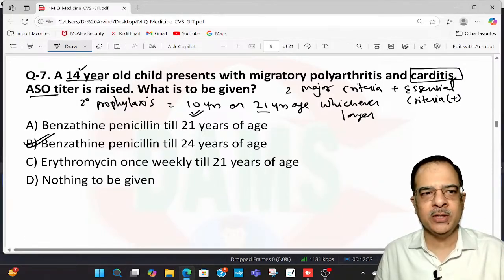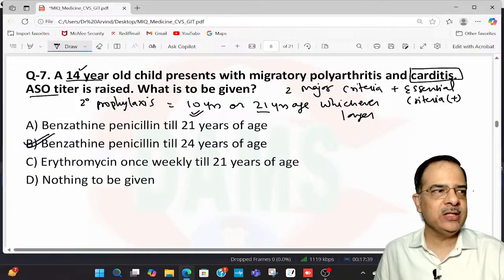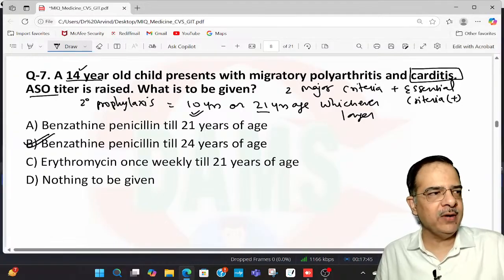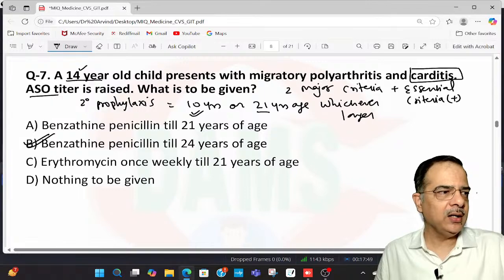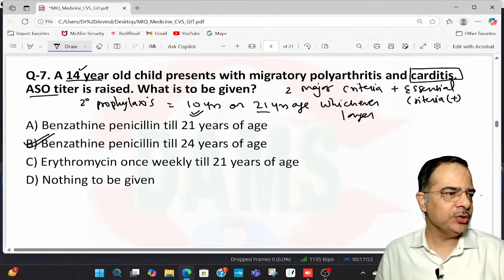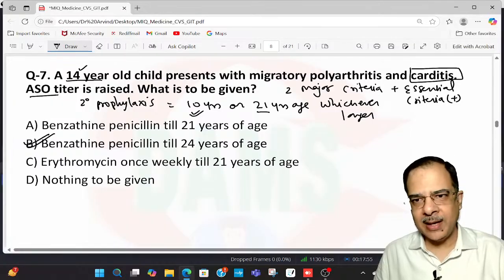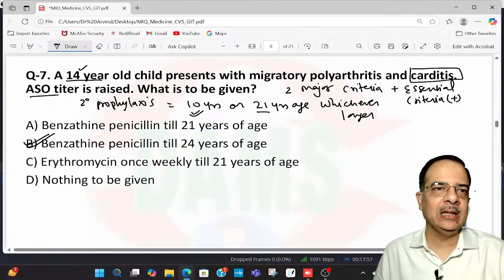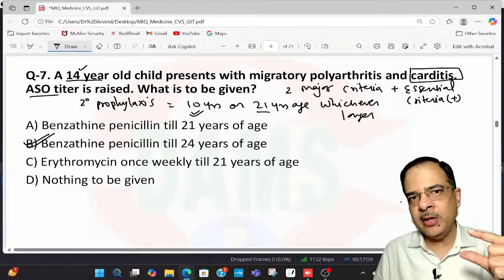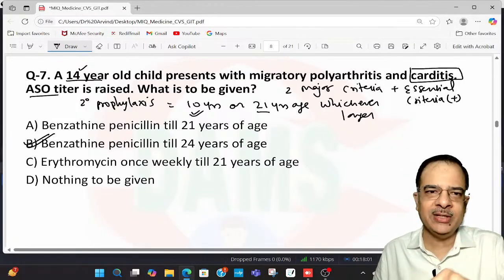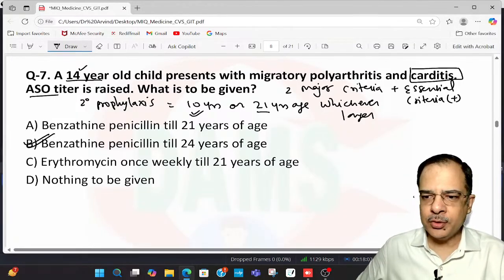Whichever is longer is the B option, because if we give till 21 years of age, that will be just 7 years. Here we have to give either till 21 years of age or 10 years, whichever is a longer duration. So this is how the duration is determined, and this is one of the tricky questions where mistakes happen. Now question number 8.